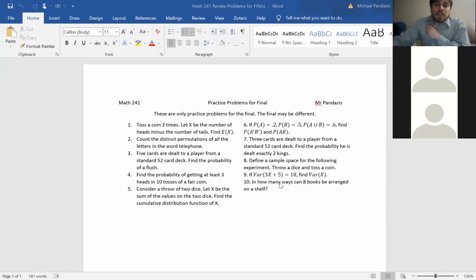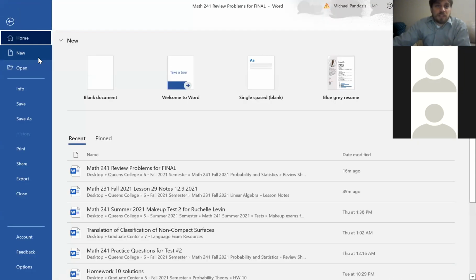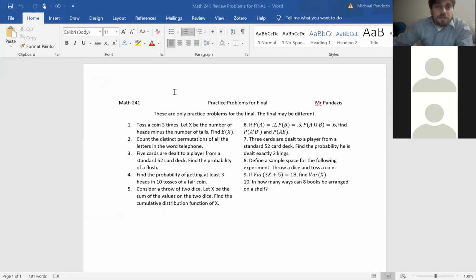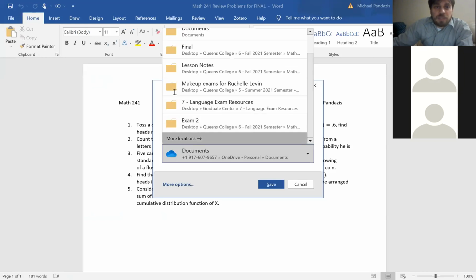Okay, so in how many ways can 8 books be arranged on a shelf? Let's look at that one first. Actually, before we do, I need a new file for this lesson. Let me save this. Give me 1 minute.